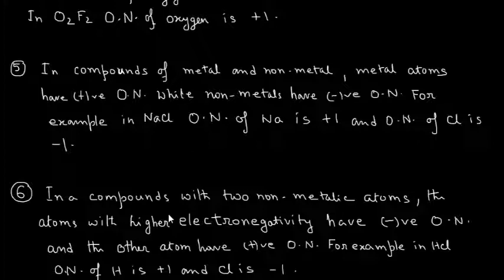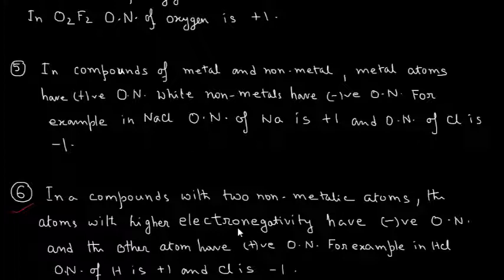So rule number 6. In a compound with two non-metallic atoms, the atom with higher electronegativity has a negative oxidation number and the other atom has a positive oxidation number.